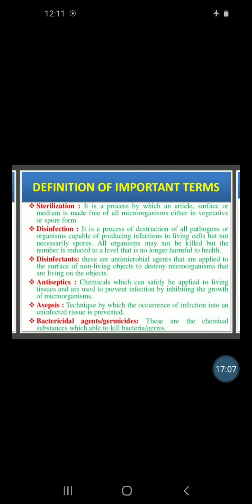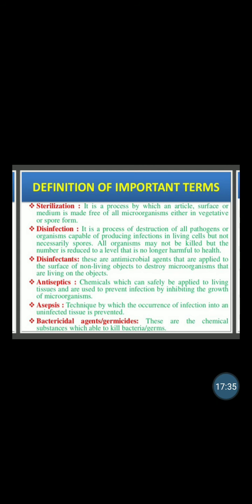This exposure kills all germs which are present on the inoculating loop.